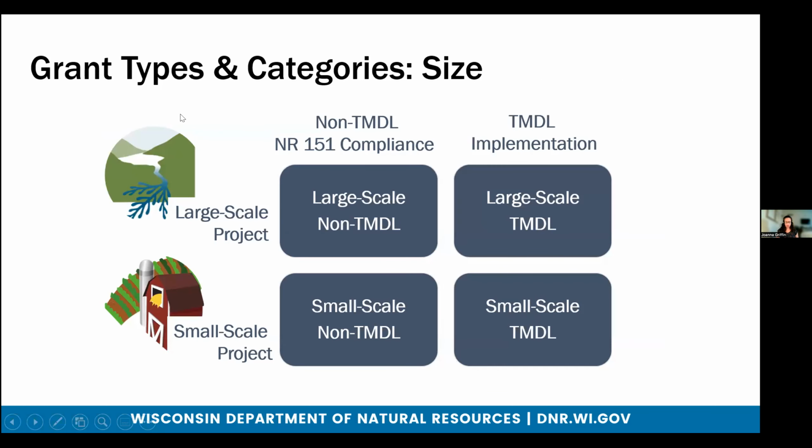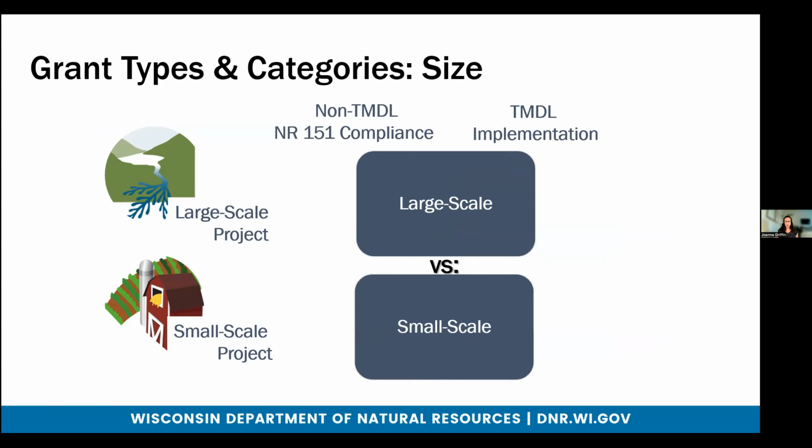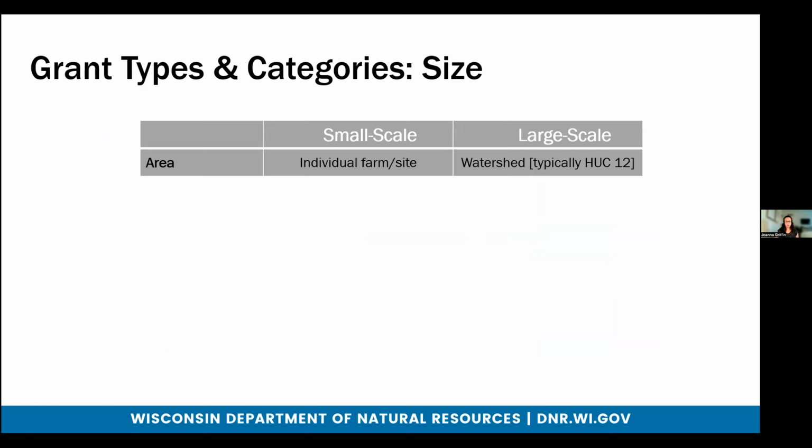So let's look at the second way that agricultural TRM grants are divided. So that is large scale versus small scale. As their name suggests, large scale TRM grants cover a larger area. Small scale TRM grants typically cover an individual farm, whereas large scale TRM grants cover a watershed.